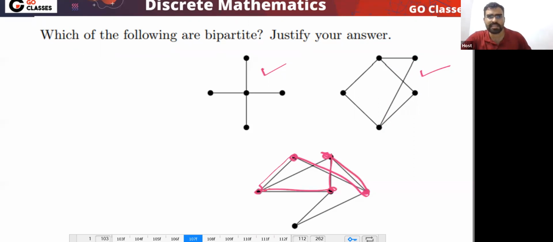There is a triangle, a cycle of length 3. So this is not bipartite.